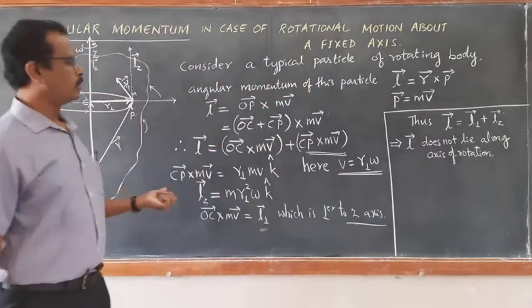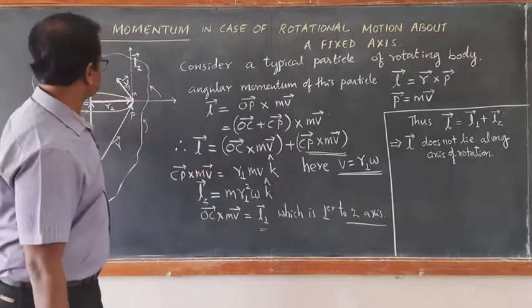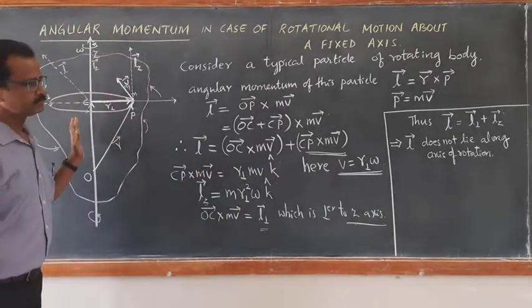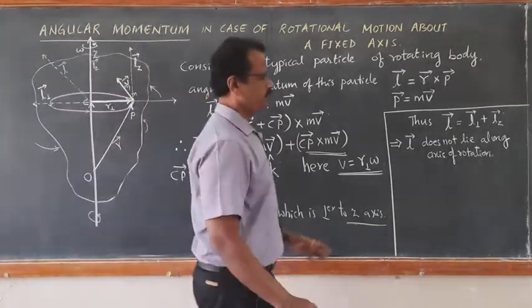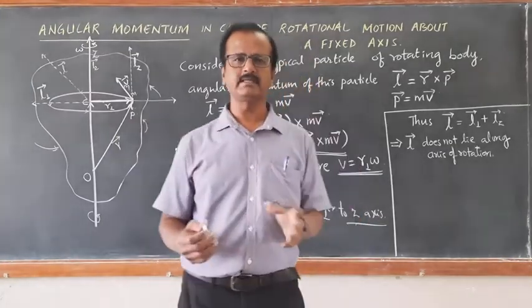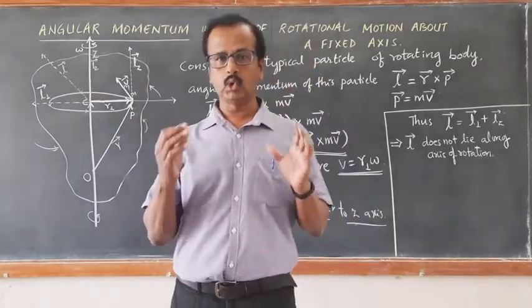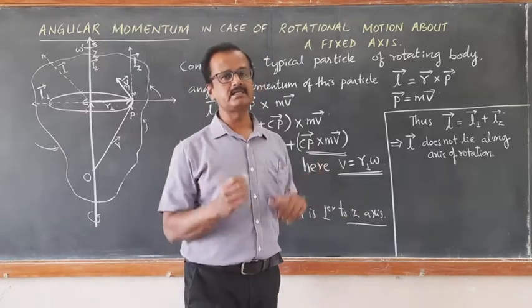Now we can calculate for n number of particles. Therefore, if you calculate for n number of particles, that is going to give you the total angular momentum of the entire rigid body.